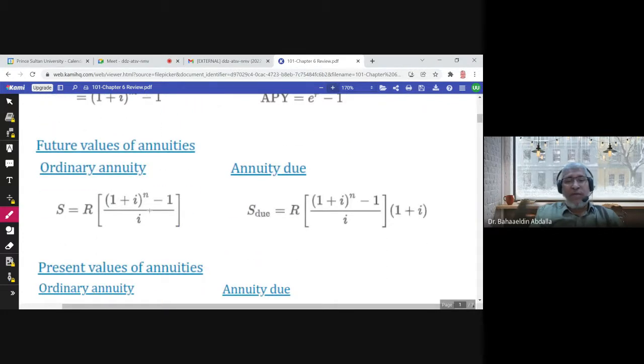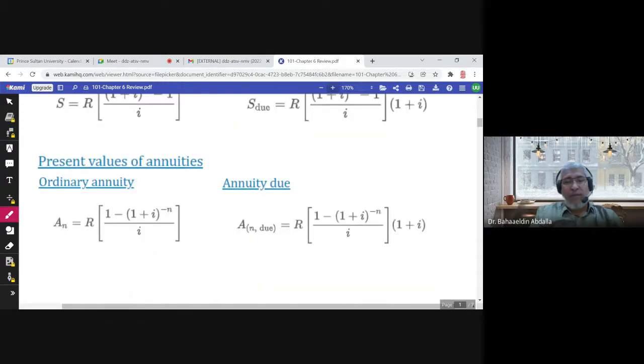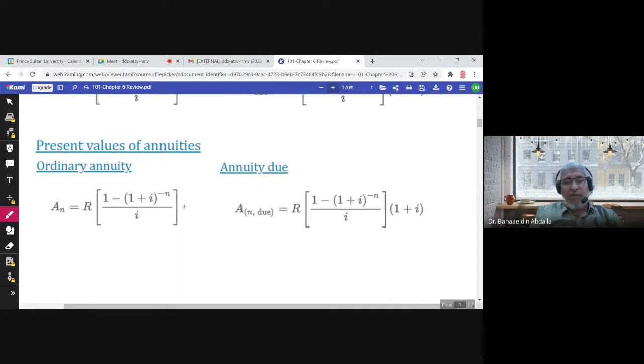And these are the formulas for the future values of annuities, the future value of ordinary annuity, future value of annuity due. And the only difference is we multiply here by 1 plus I. And the present values of annuities.